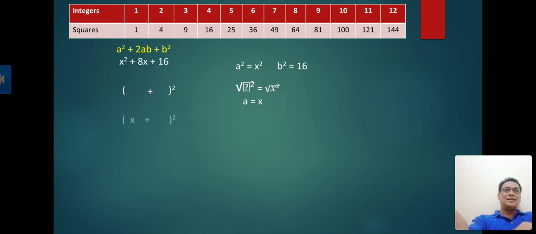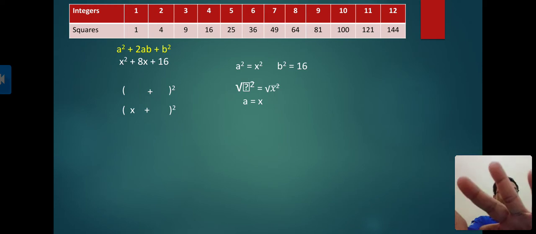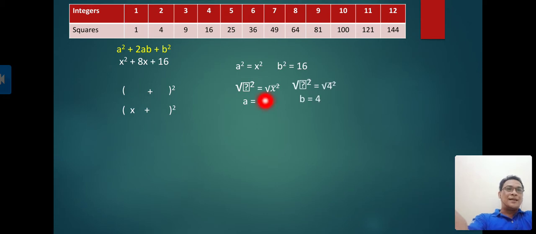So the value of a is x. And then let me take the square root of the third term. That will be the square root of b squared.